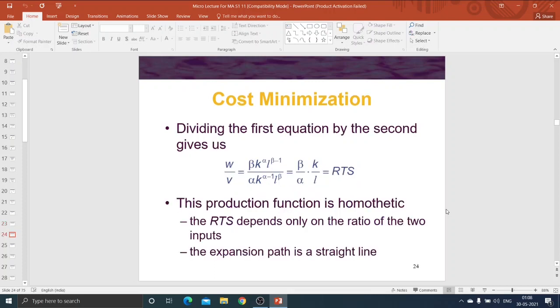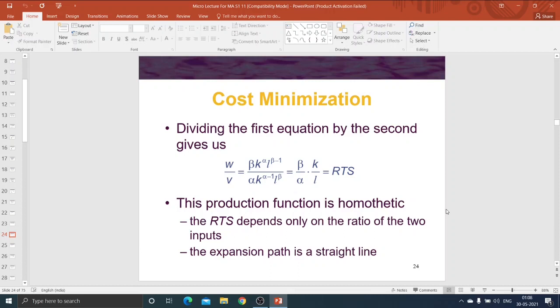If you divide the first equation by the second, it gives us W by V equals beta K^alpha L^(beta minus 1) divided by alpha K^(alpha minus 1) L^beta, which is equal to beta by alpha times K by L.